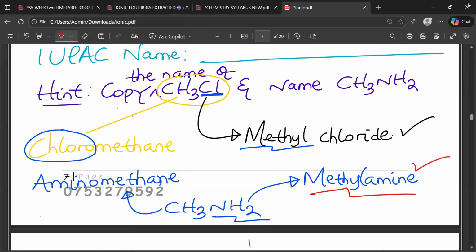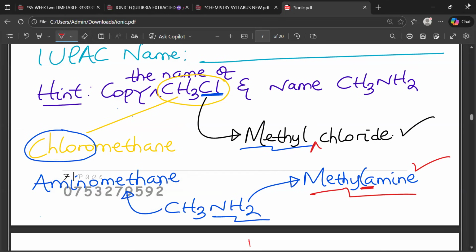But methyl chloride, there are two words, you're supposed to leave space. But methylamine is strictly one word. So those who are leaving space in the chat, please combine it. Even those that tried it, some of them it was by coincidence. Methyl chloride separate, methylamine one word.